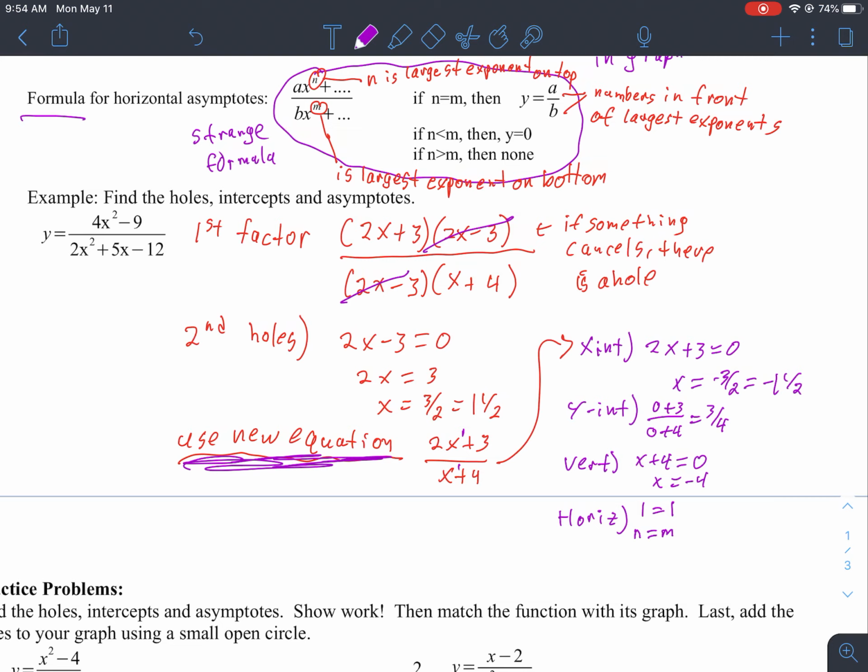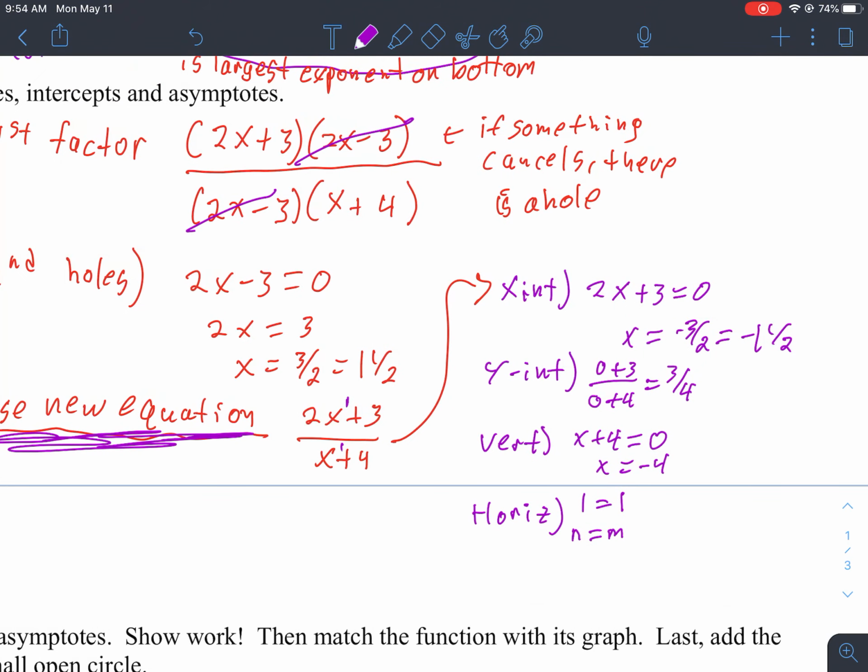So you look at your cases. N is equal to m is the top case. If n is equal to m, then the asymptote is a over b. A is the number in front of the x with the largest exponent, and b is the number in front on the bottom. So 2 over 1, which is 2.